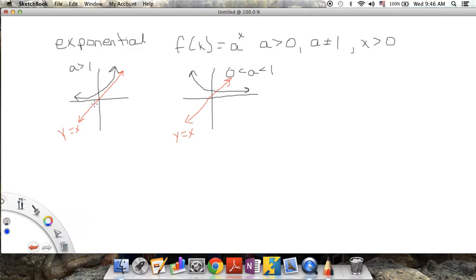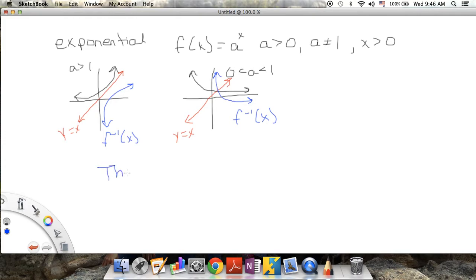So what we have here, if we reflect this, we get something like this. And if we reflect this one, we get something like this. What do we call these inverses? So this is the inverse, but what is it? Well, this inverse for an exponential is a logarithmic function.